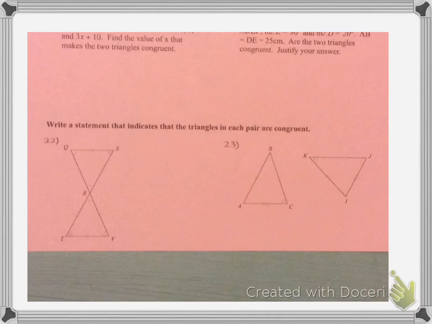We're going to write a statement that indicates the triangles in each pair are congruent. Really what it wants is a congruent statement. I'm going to match up the angles. Angle R and angle R have the same matchup there. Angle V has two arcs, so that's matching up with the other one that has two arcs, which is Q. So when I'm writing my triangle congruent statement, angle R in the first triangle goes with angle R in the second triangle.